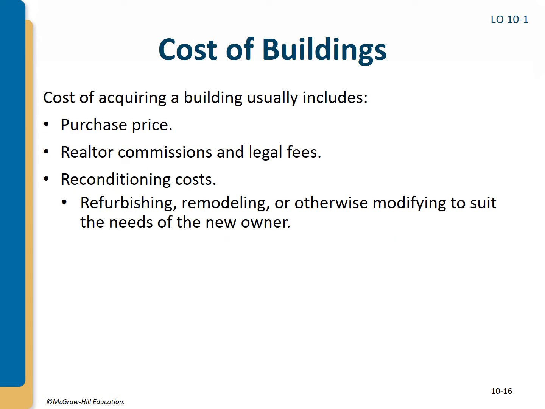When it comes to buildings, the cost of acquiring a building usually includes the purchase price, of course, any realtor commissions and legal fees, and any reconditioning costs. Maybe you refurbish the building or remodel it, or otherwise modify it to suit the needs of the new owner. So any cost to get it ready for its first use is added to the cost of the building.